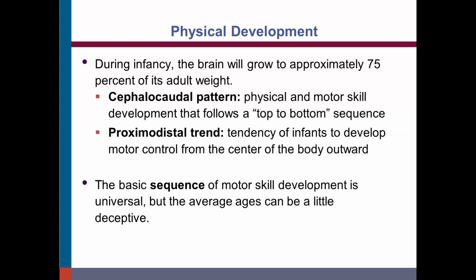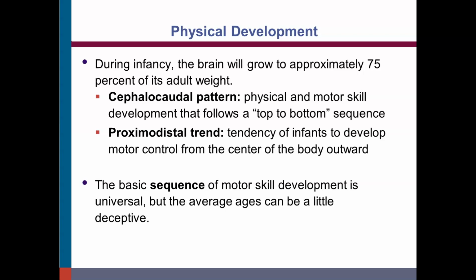Okay, and so here are some important facts that I would like to make you aware of, and you may find this kind of interesting. The terminology is kind of important here too. During infancy, the brain grows to approximately 75% of its adult weight, which tends to surprise most students. It's like, wow. So as an infant, the brain develops and grows to about 75% of its adult weight.